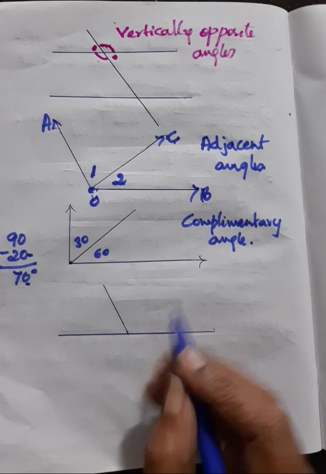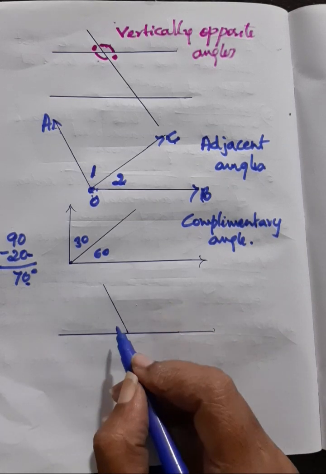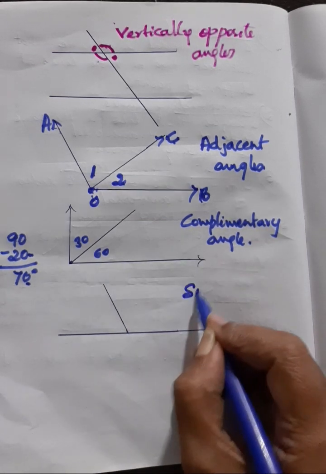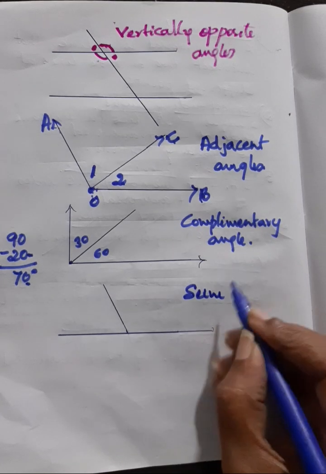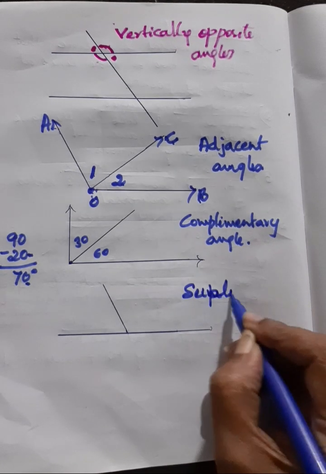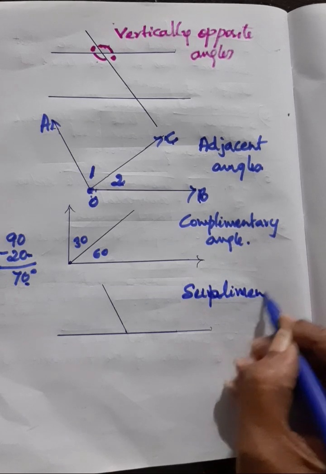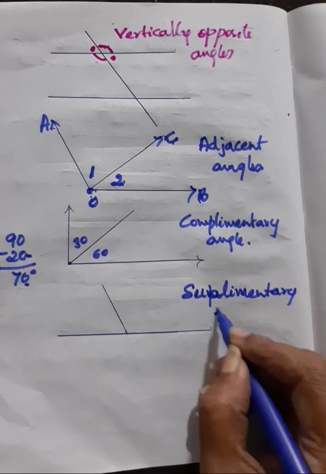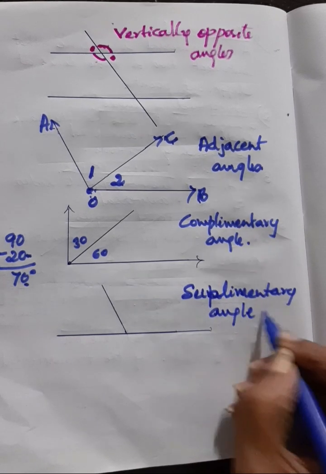Next one is supplementary angle. Supplementary angles are those whose sum is 180 degrees. Supplementary angle. Supplement means 180 degrees.